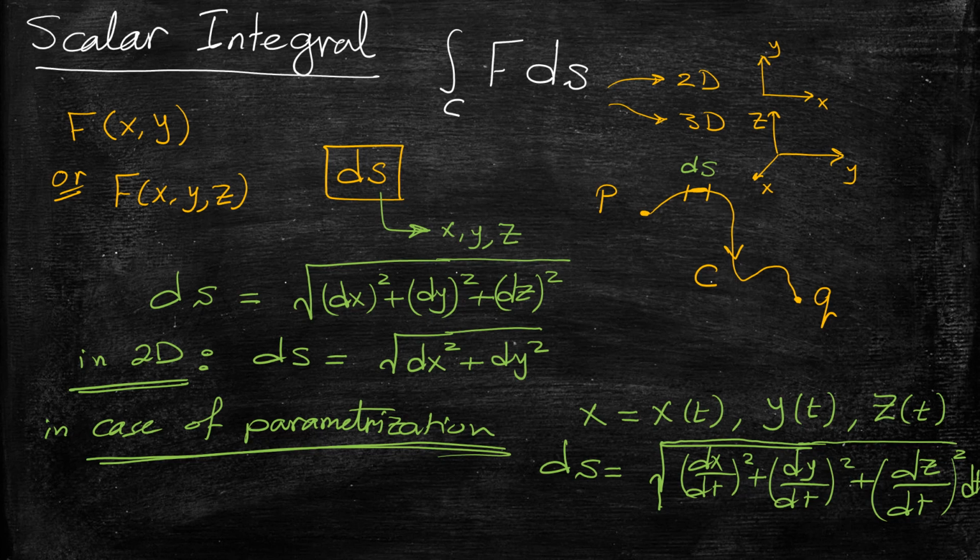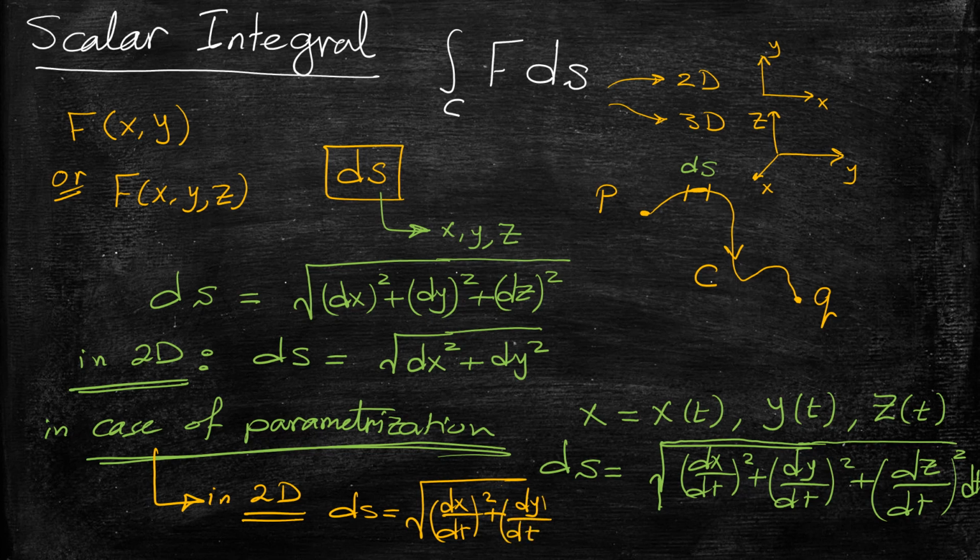Again, in the special case in 2D, ds can be written as the square root of (dx by dt) squared plus (dy by dt) squared, all multiplied by dt. So this is one form.